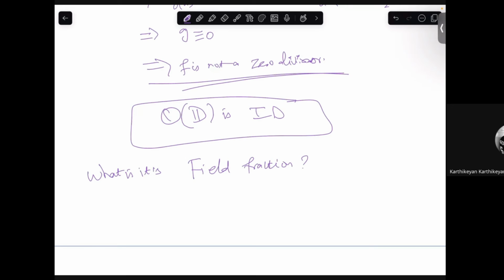It's not easy. I'm telling you, it's not easy unless you come across it. Generally, unless somebody tells you or you find it yourself, it is not easy. In fact, believing that to be the field of fractions is hard. Okay, I will give you a hint.